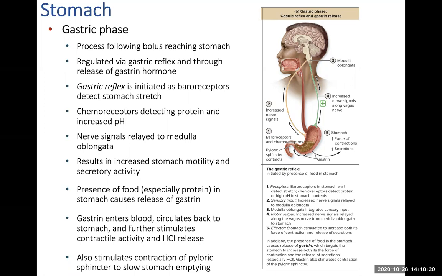We also have chemoreceptors in the stomach that are specifically there to detect the presence of protein. So when you ingest a meal that is high in protein, that protein acts as a buffer to the hydrochloric acid that is present, and the pH of the stomach increases, right? That increase in pH is detected by chemoreceptors.